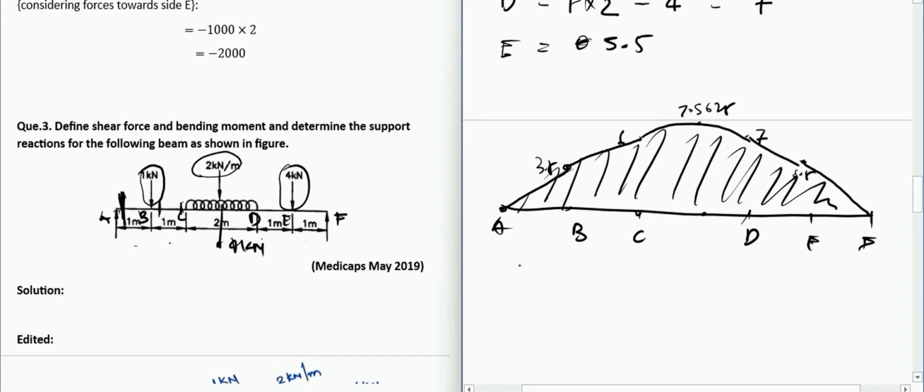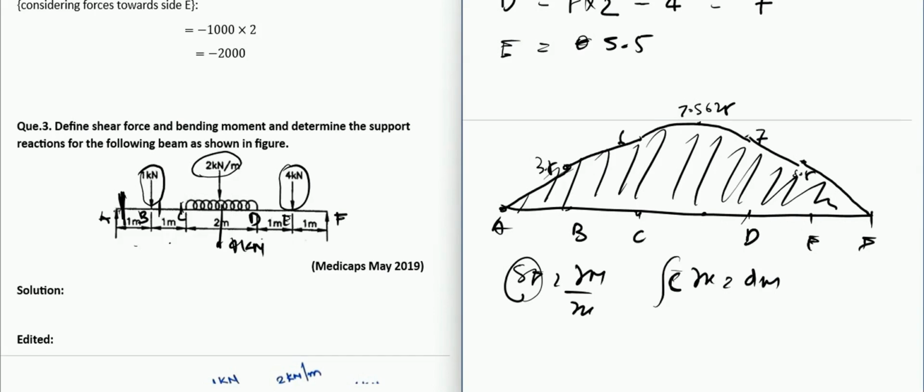It goes back to shear force being dM by dx. Shear force is constant between AB and CD, but it was linearly varying between C and D because of the UDL. Let us say shear force is some constant C. You can integrate this and get Cx plus D. The bending moment will vary linearly whenever the shear force is constant.